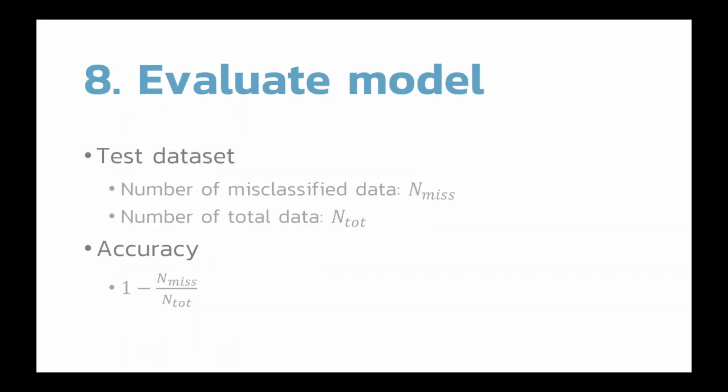So let's evaluate the model, right? Because the model is already fit, we should be able to validate its performance. The metric that we're using is called accuracy, okay? Accuracy is the proportion of classes that it gets correct.